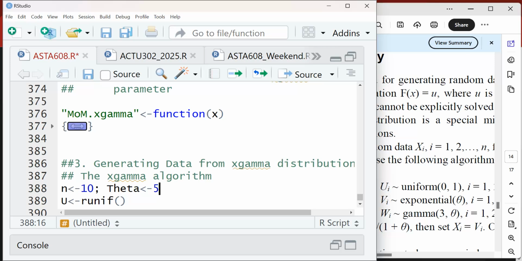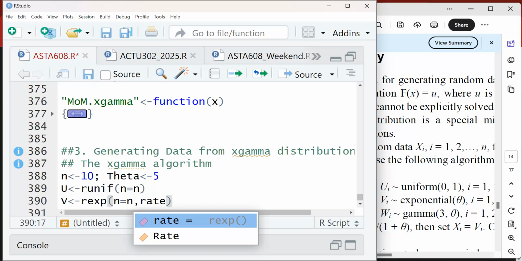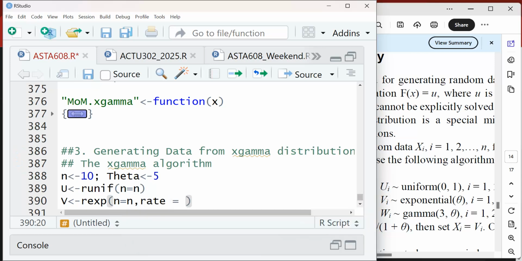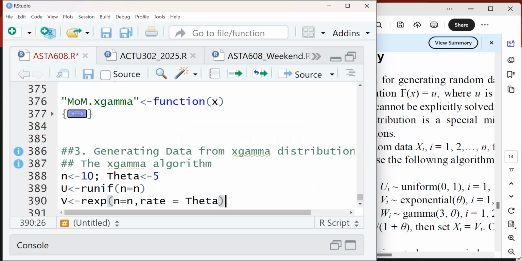So our uniform n. Then what will V be? V is going to be rexp. So the exponential n is equal to n, and the rate is equal to theta. Is everybody okay with it? Okay, so I can generate these observations now.